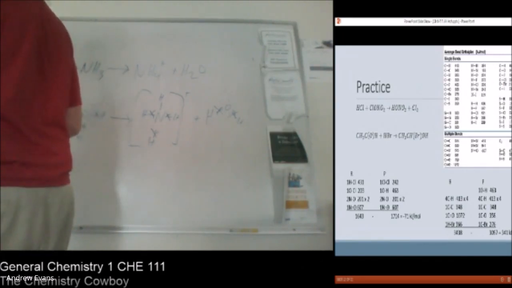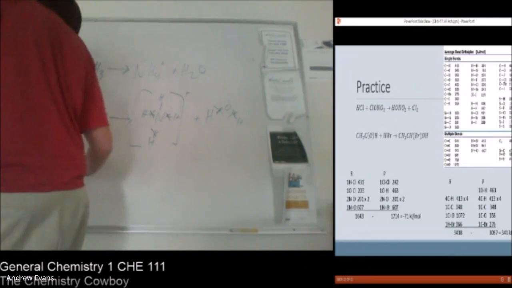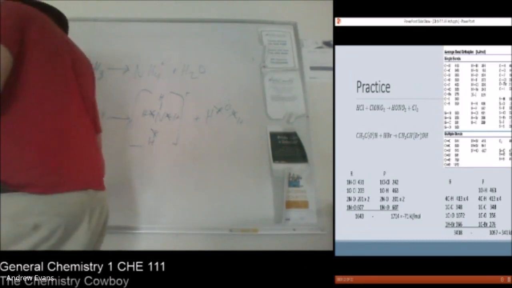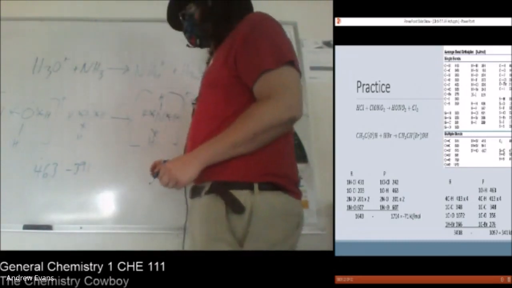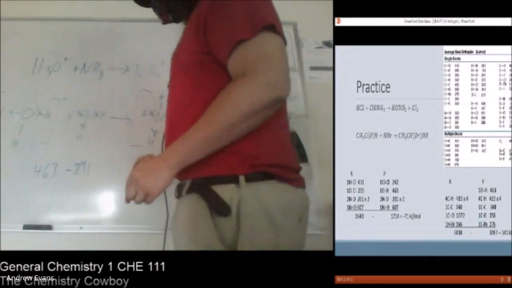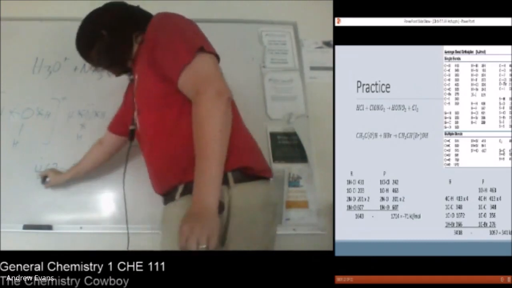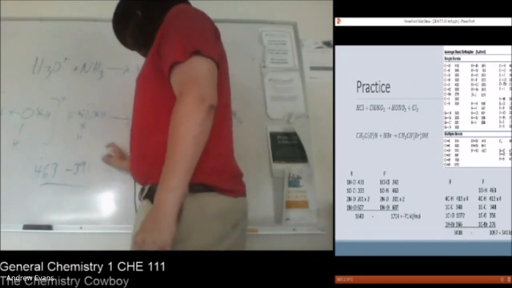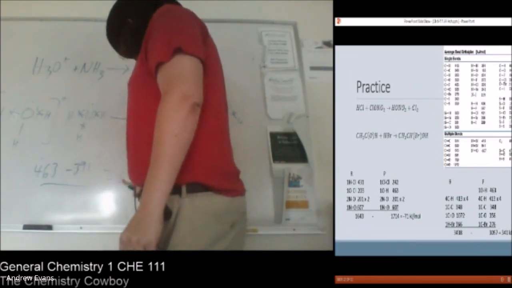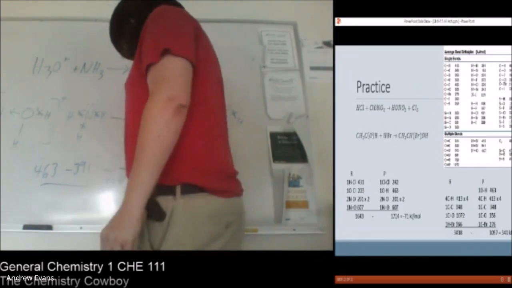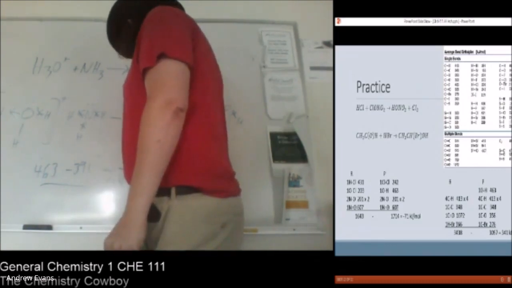And an NH bond has 391. So in order to do this reaction, we would have to absorb 72 kilojoules of energy.